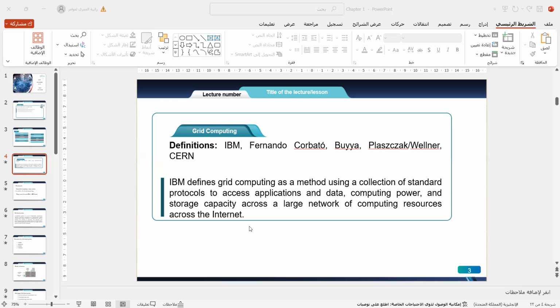In fact, grid computing is enabled via an open set of standards and protocols such as Open Grid Services Architecture, known as OGSA, that allow communication across heterogeneous systems and environments that are geographically dispersed.